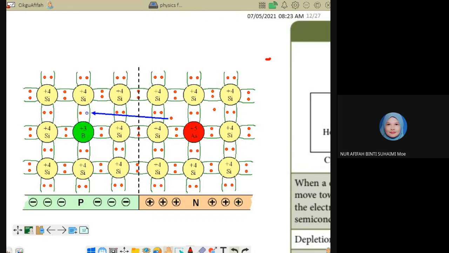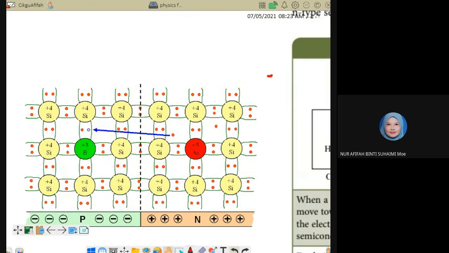So we use silicon. To make a diode, we need to combine two types of semiconductor, p-type and n-type. Here is the p-type, and on the right, the n-type.